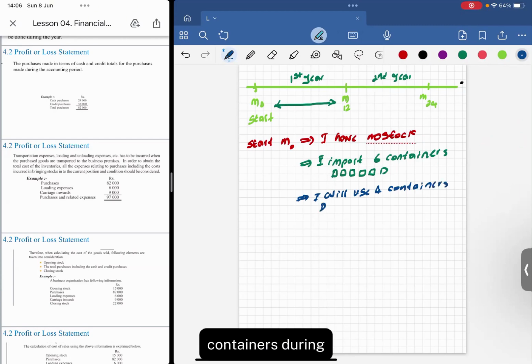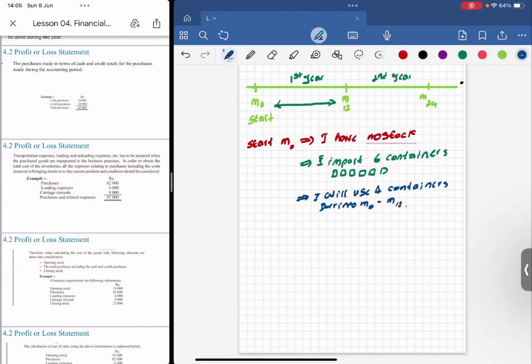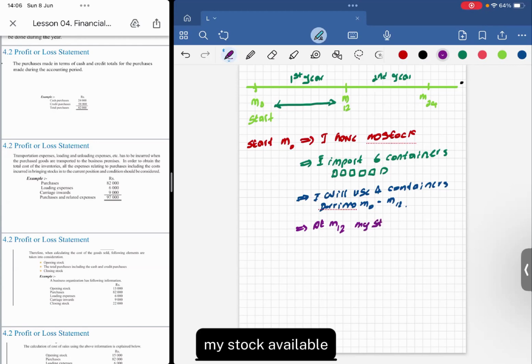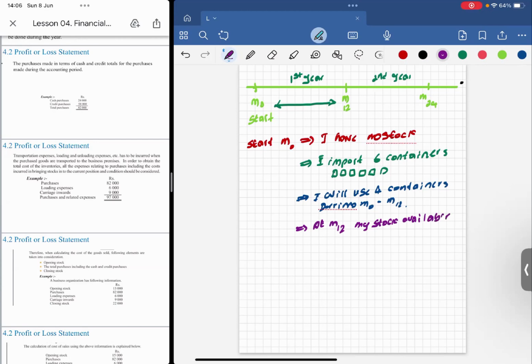Then at month 12, my stock available is called the closing stock.